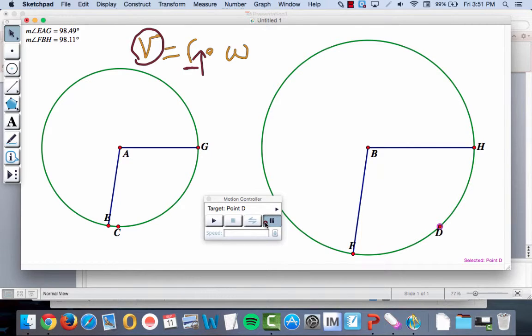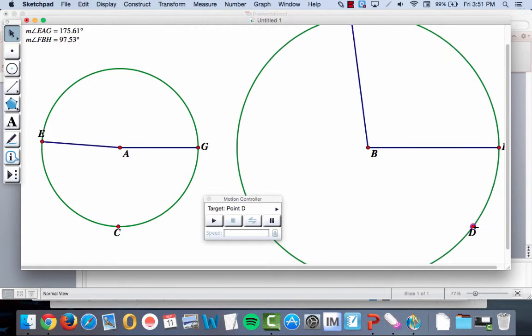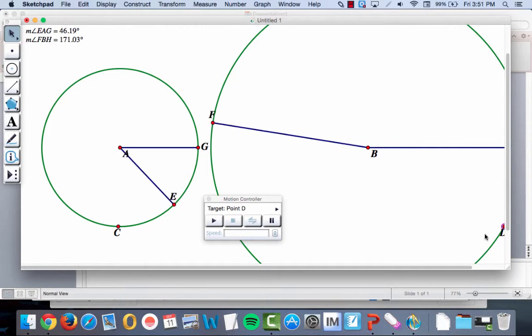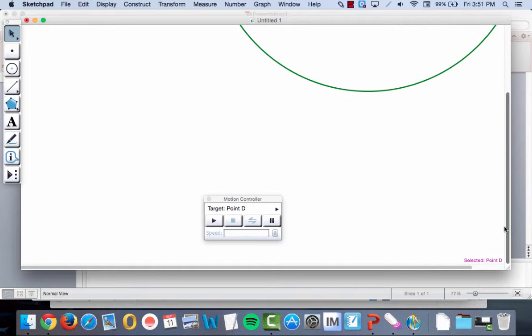Let's see what happens. Let me try to make it more dramatic. Do you see that the angle on the left is now moving faster than the angle on the right?